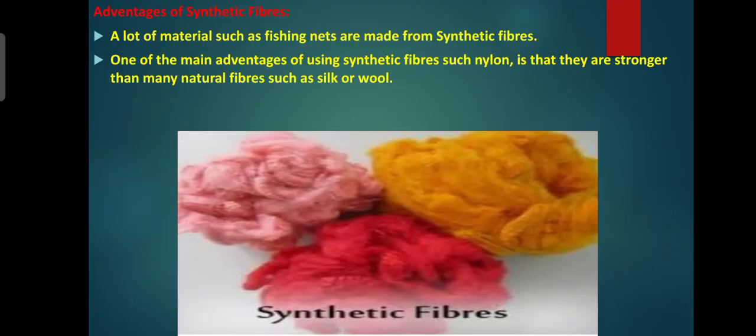A lot of materials such as fishing nets are made from synthetic fiber. One of the main advantages of using synthetic fibers such as nylon is that they are stronger than many natural fibers such as silk or wool. For example, the trampoline is made of woven synthetic fiber. These fibers are strong and elastic, which gives it the property to bounce.